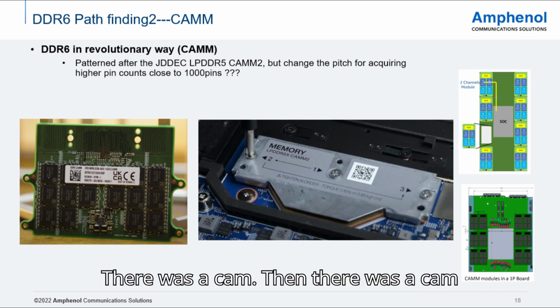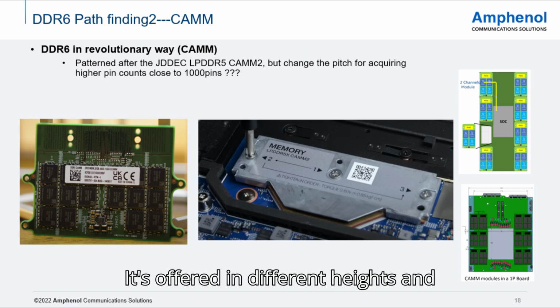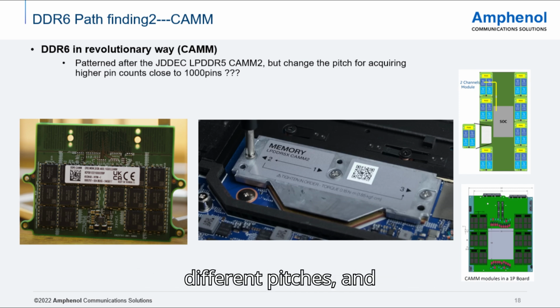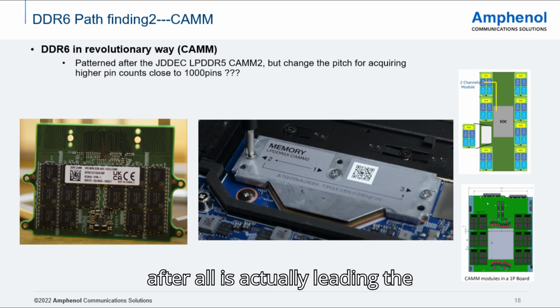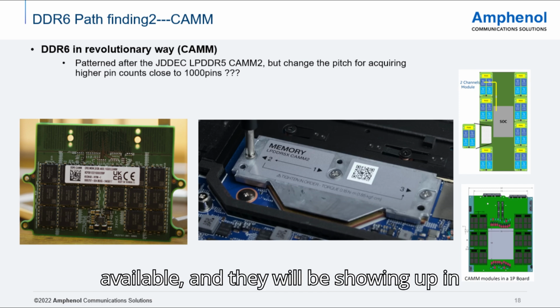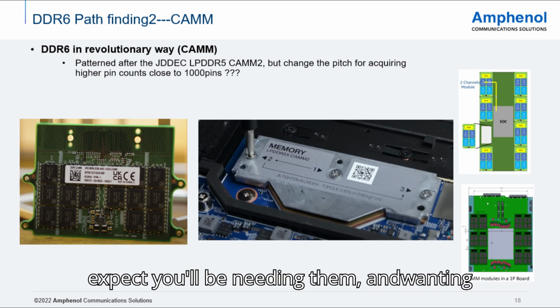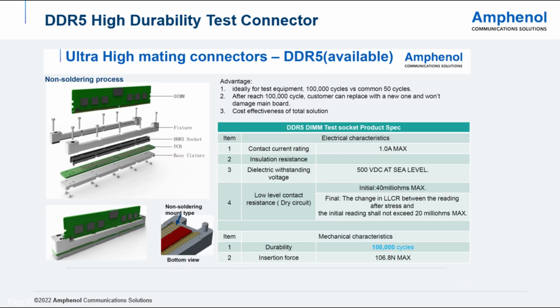There was a CAM, then there was a CAM1, now there's a CAM2. It's offered in different heights and different pitches, and Amphenol is actually leading the development, and so we have these available, and they will be showing up in a lot of our customers' designs, and I expect you'll be needing them and wanting them as well.